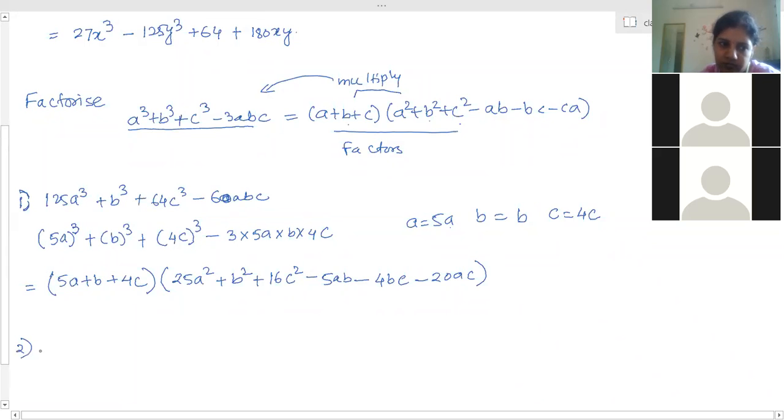So write down this. This is the fifth of 5G.